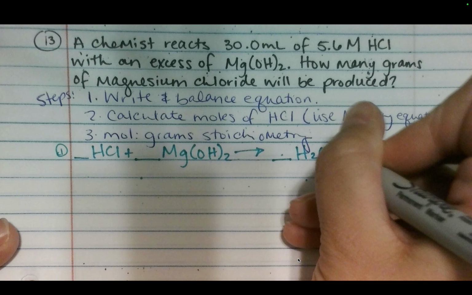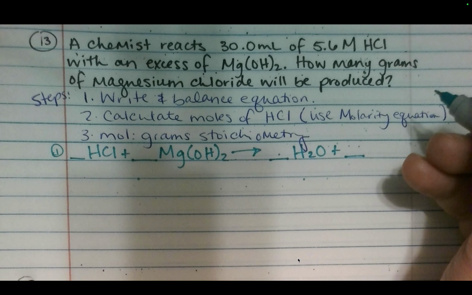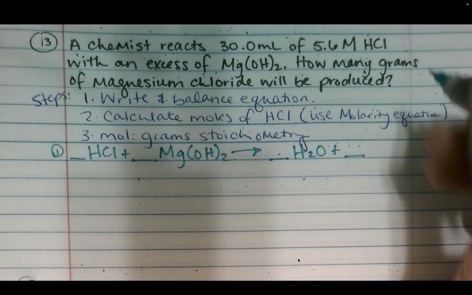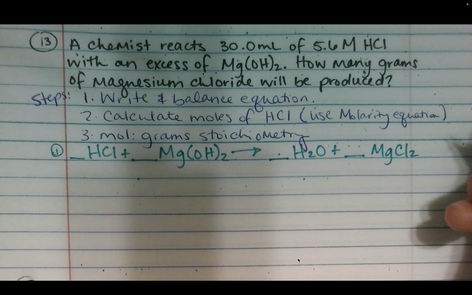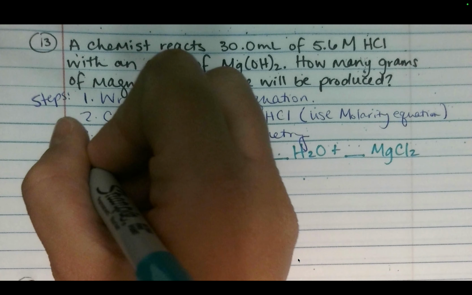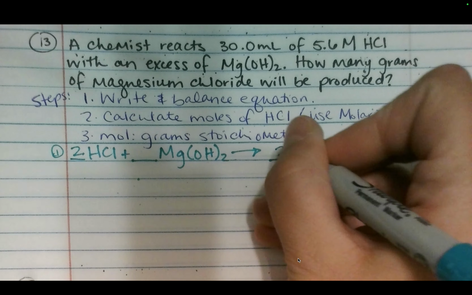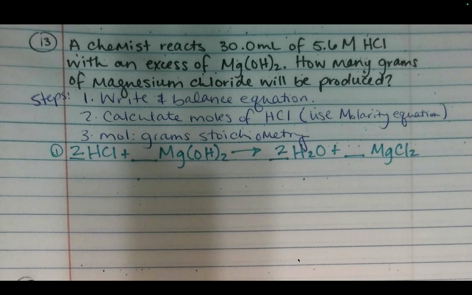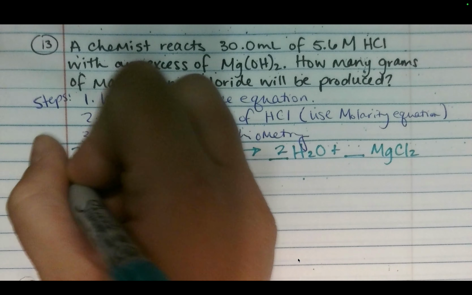As always, water and a salt in a neutralization reaction. So magnesium and chlorine, MgCl2. And then I'll need to balance. So 2 hydrogens reacting with 2 hydroxides to form 2 waters, and I'm balanced. It's pretty easy.